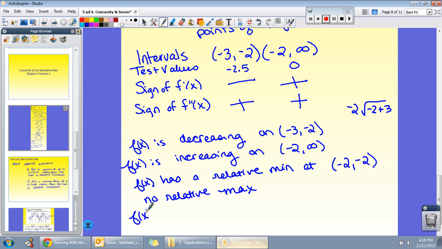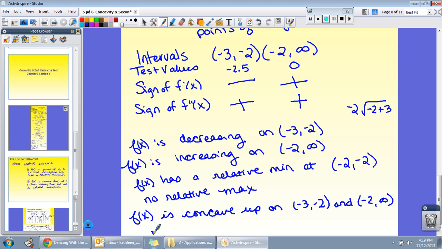We also can talk about the concavity. We know that f of x is concave up since the second derivative is positive. It is never concave down.